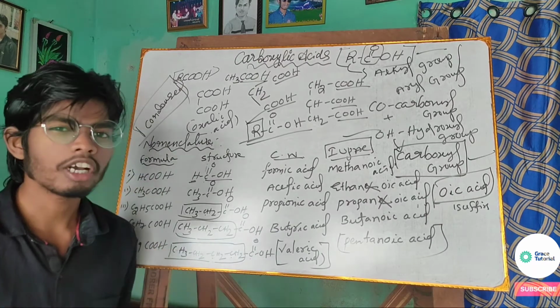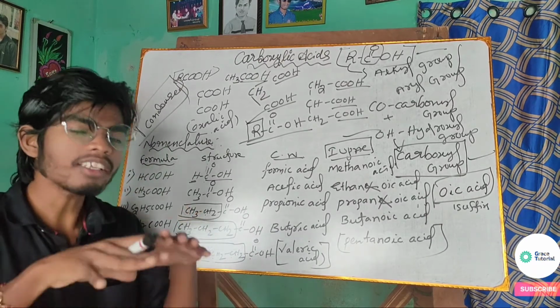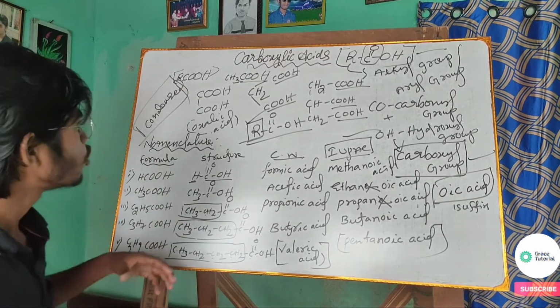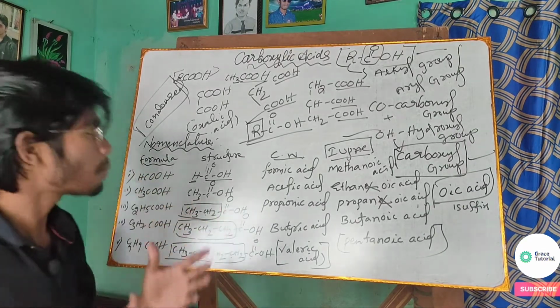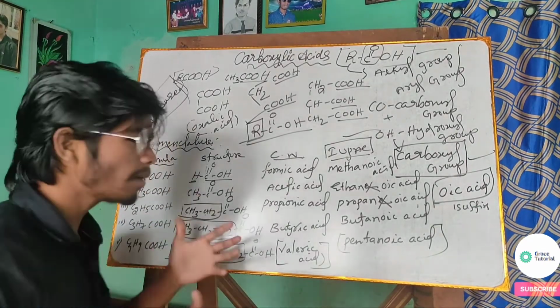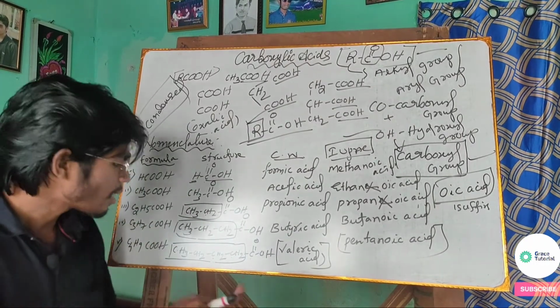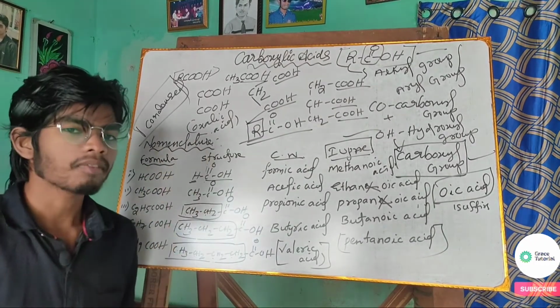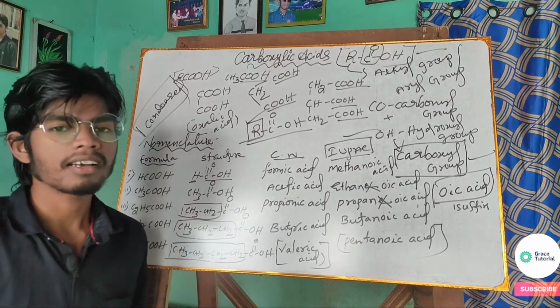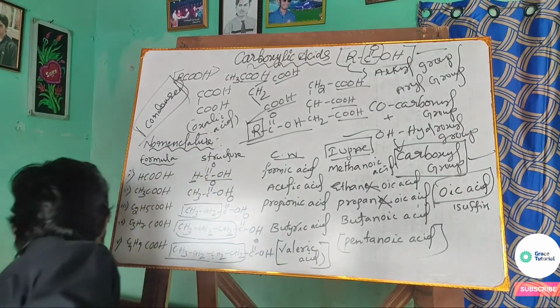Let me give you some other members of the carboxylic acid. That means if a substituent group is attached to a member of this carboxylic acid, then how will the name be given? Let me show it for you.